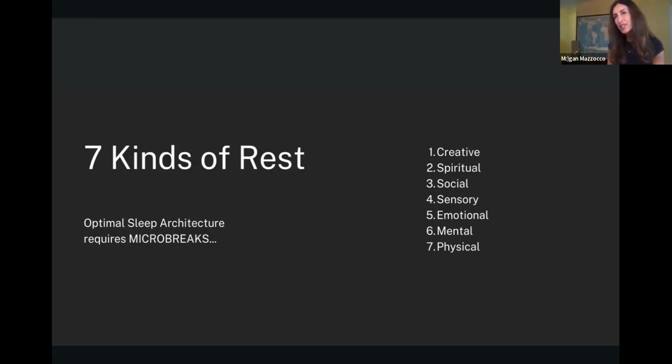And the sensory rest, this one is really tough in the construction industry, being on site, because noise pollution and glare are pervasive, and the noise pollution actually increases our blood pressure.